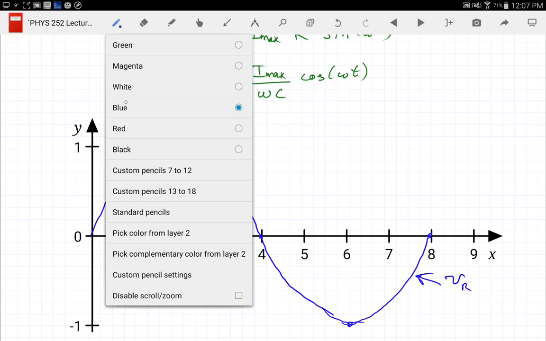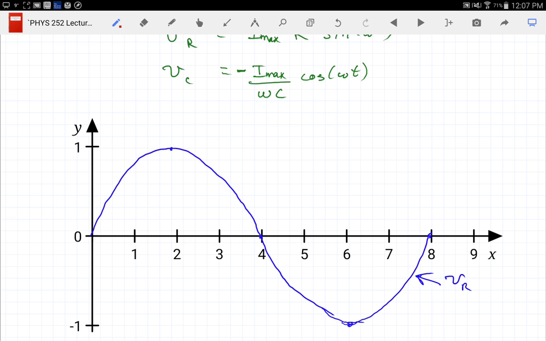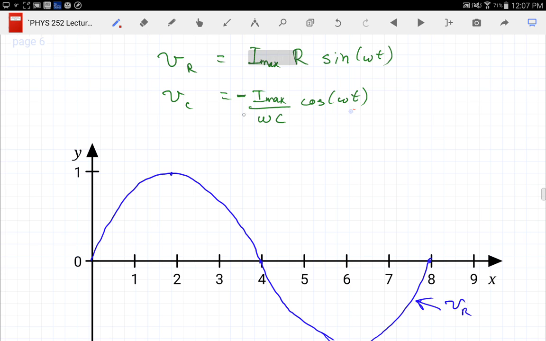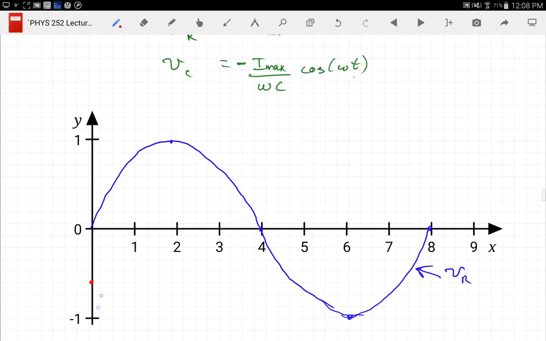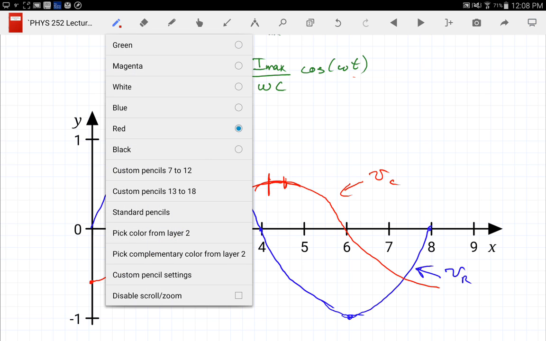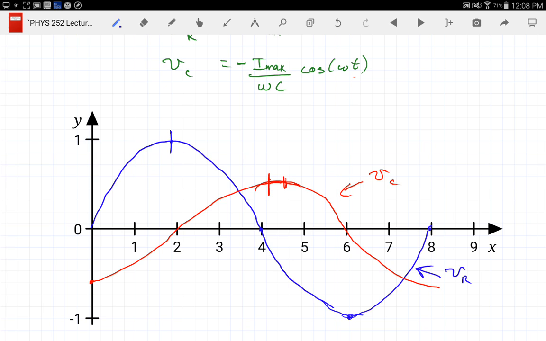And the voltage across the capacitor, because of that phase difference, being a negative cosine, starts at a negative value and goes like that. So the capacitor voltage has its peak shifted from the peak time for the voltage across the resistor by a quarter of a cycle.